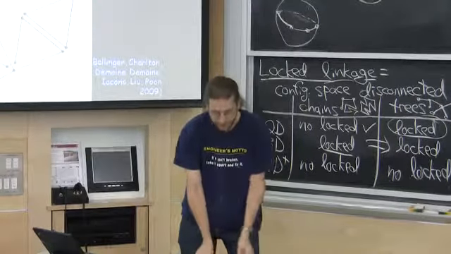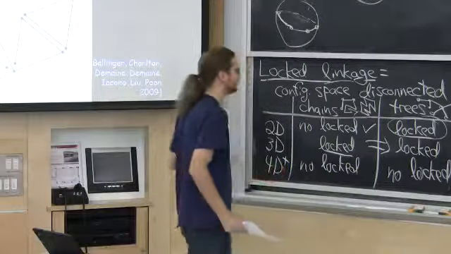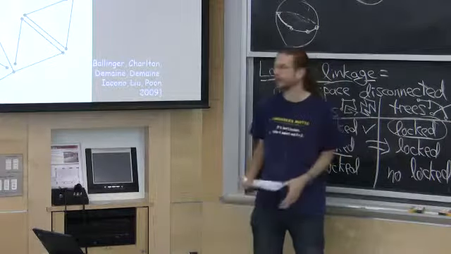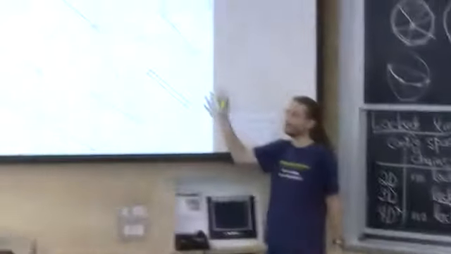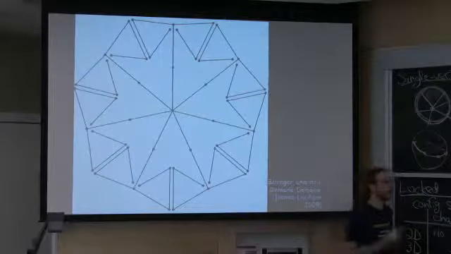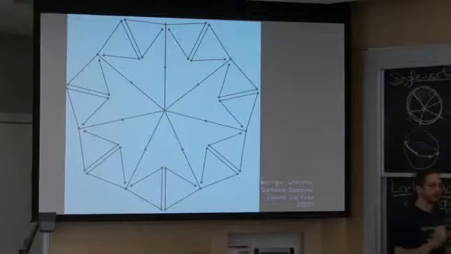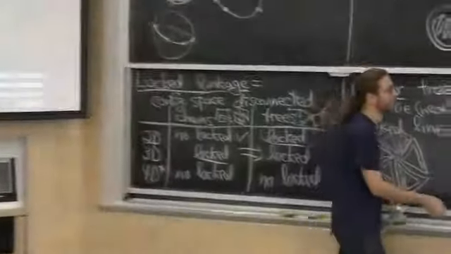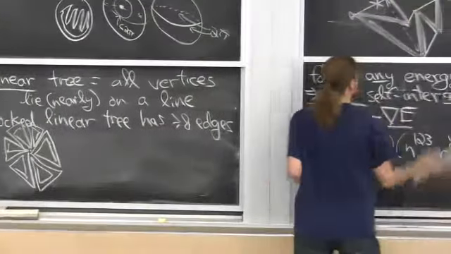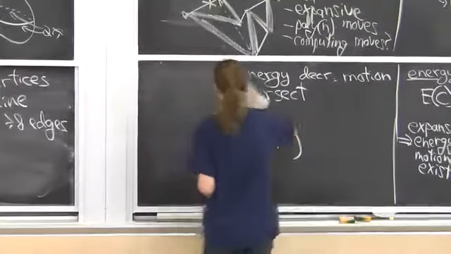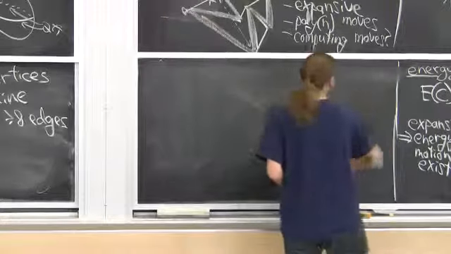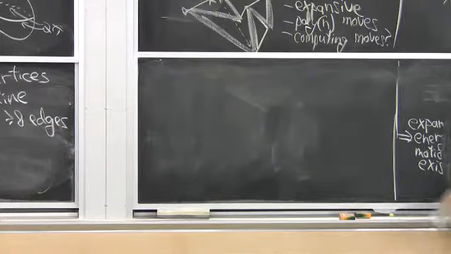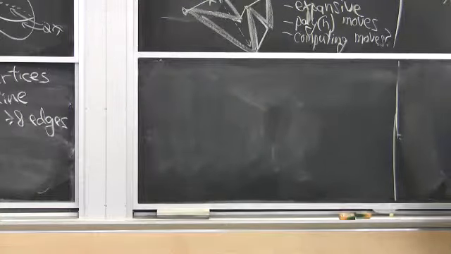All right. Next thing I want to talk about is how the heck do you prove that these things are locked? Now, historically, there have been lots of different proofs, and this tree still does not have a nice proof that it's locked. But all the other trees, I can give you very succinct proofs that they're locked. And so I want to tell you how we do that. Because it uses tensegrity theory, our good friend.